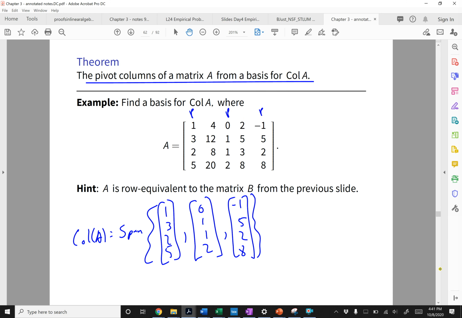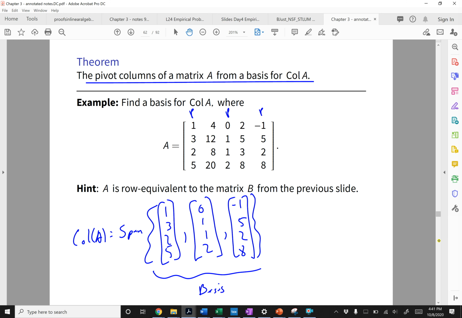Okay, and since these are all linearly independent, then this is also a basis. Okay, we had 3 pivot columns. We're spanning 3 dimensions. We need to have exactly 3 linearly independent vectors. We need to have 3 vectors for our basis. They all need to be linearly independent, so that'll work.